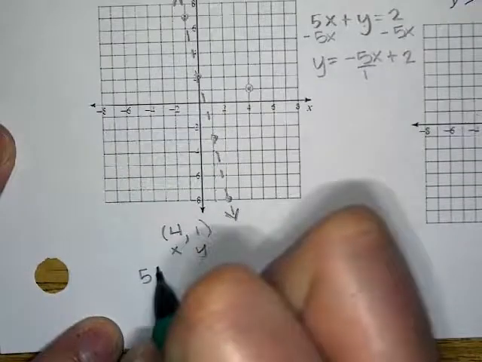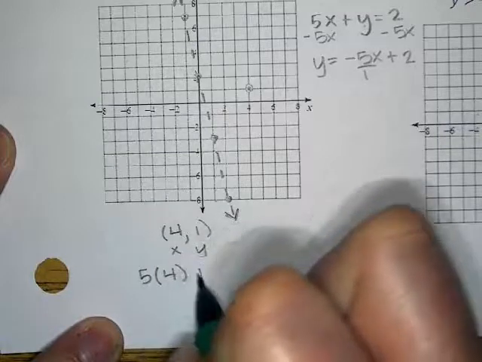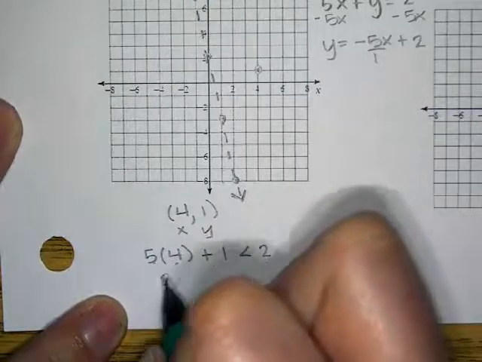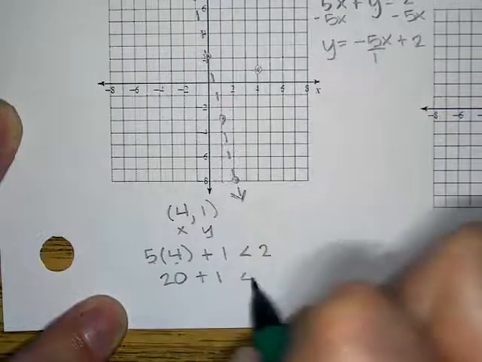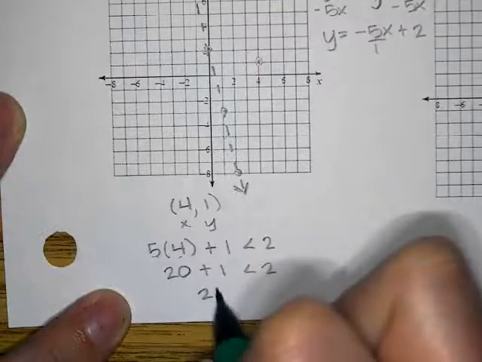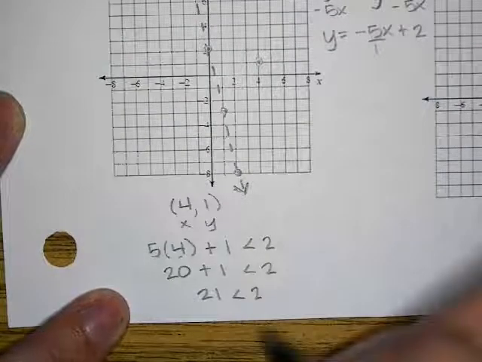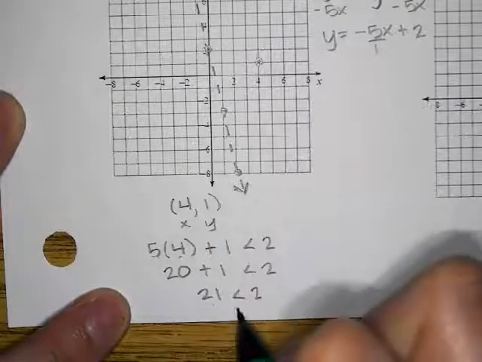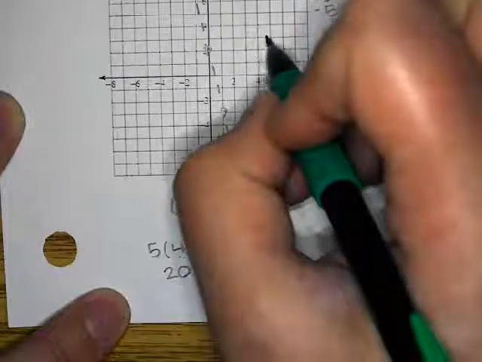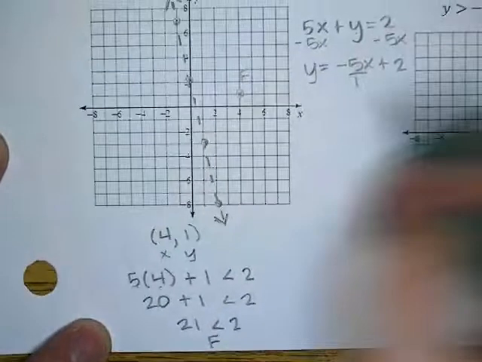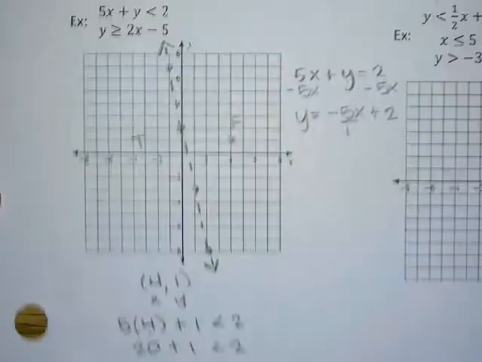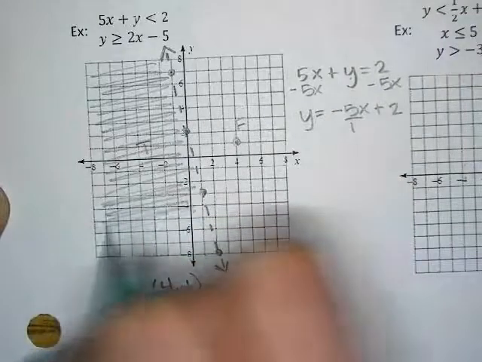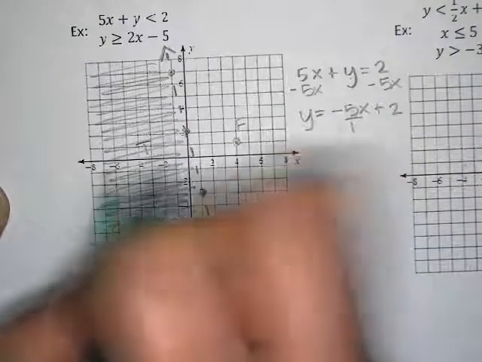So I have 5 times x plus y is less than 2. 5 times 4 is 20. 20 plus 1 is 21. Is it true that 21 is less than 2? No, that is false. So that means that this point is false, which means that the other side is true. And so I'm going to be shading over here on the other side.